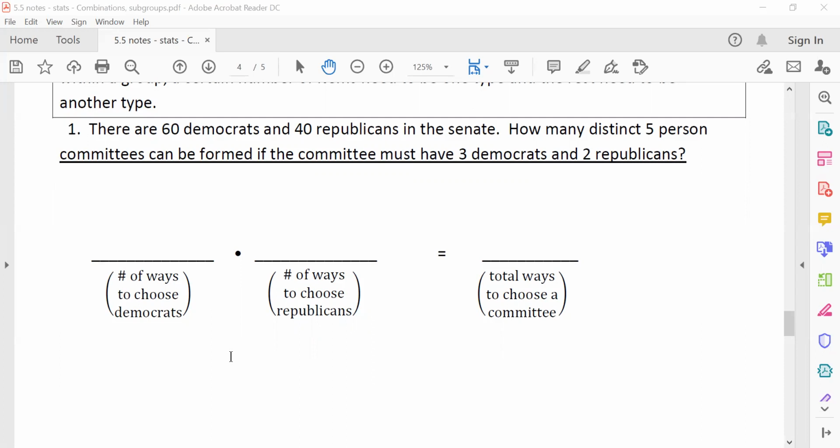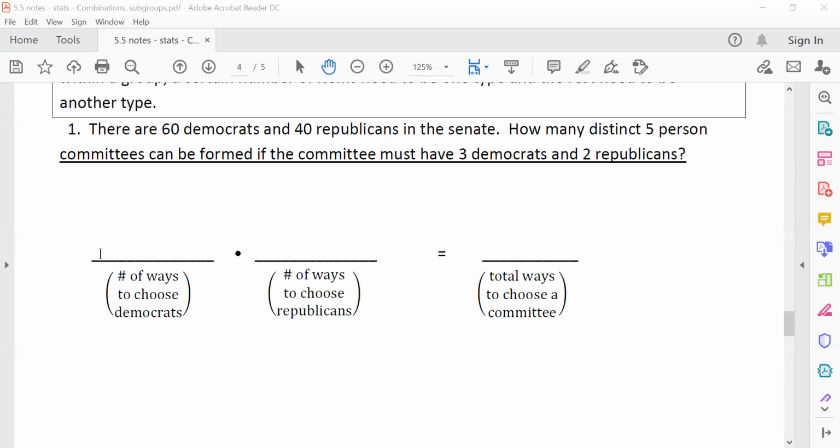Now, let's say that we want to make a 5-person committee. And on that 5-person committee, since there's more Democrats than Republicans in the Senate, we want the committee to be roughly reflective of that. So we want 3 of the 5 committee members to be Democrats and 2 of them to be Republicans. How many different ways can we choose this committee of 5?